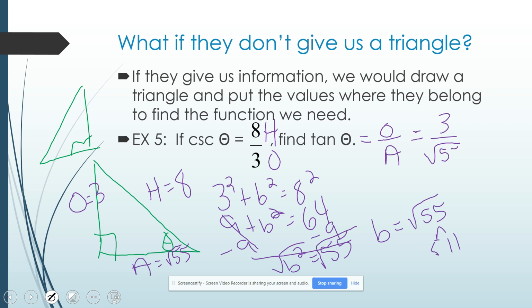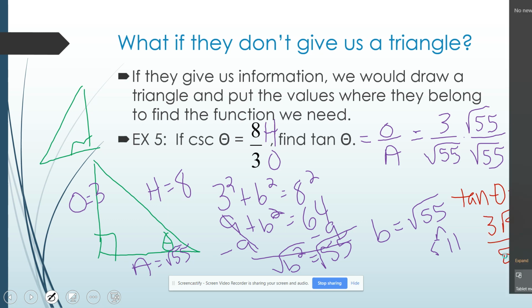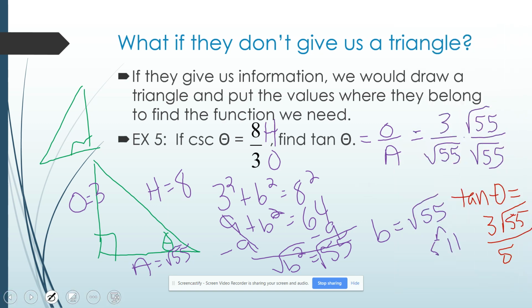So our side adjacent is the square root of 55. Now again, we can't leave it alone like this. We have to rationalize it. So we're multiplying the top and the bottom by the square root of 55, which gives us our tangent of theta being 3 square root of 55 over 55.